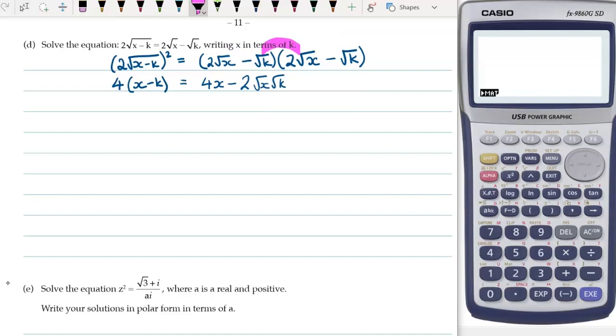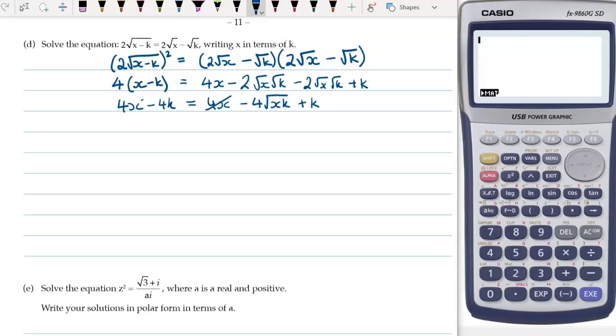Then we have this one where we have the same, negative 2 root x root k. And then we have the final term there. So that will be plus root k times root k, which is k. So this becomes 4x minus 4 root x root k plus k. And this one is 4x minus 4k.